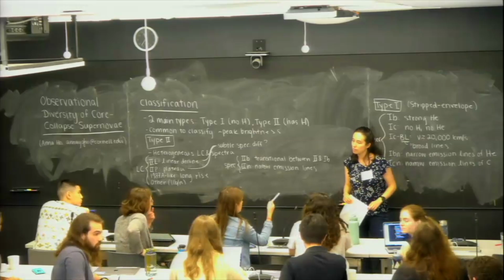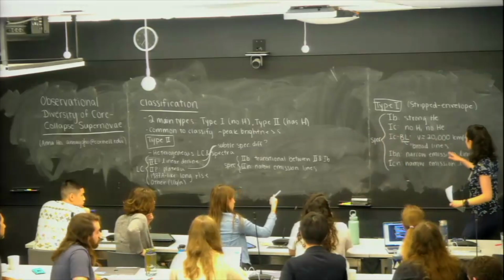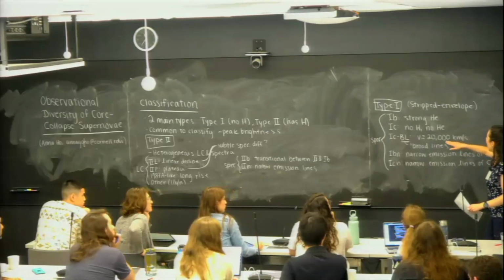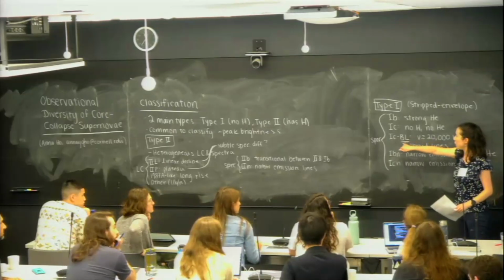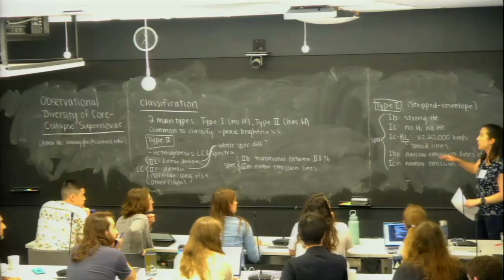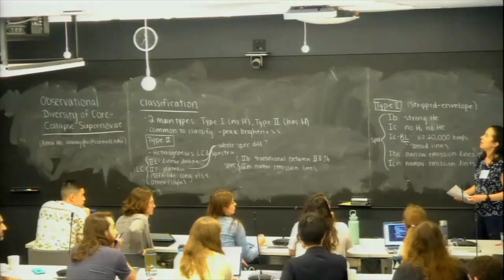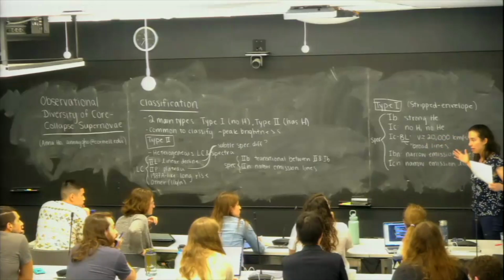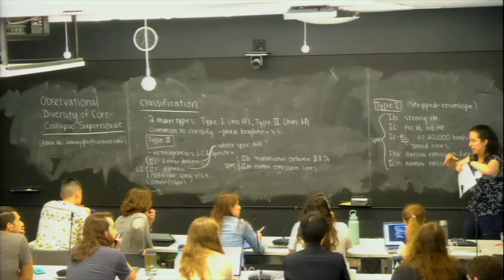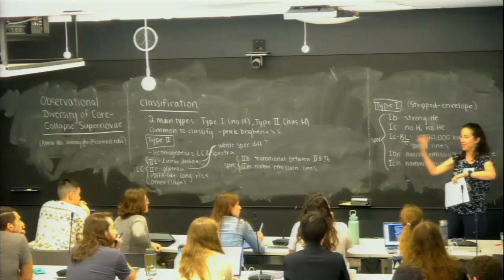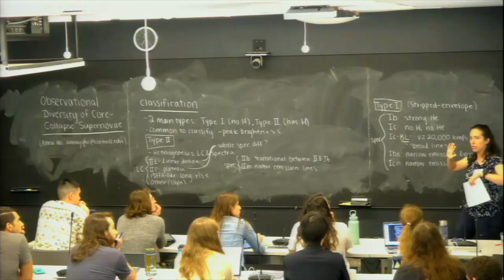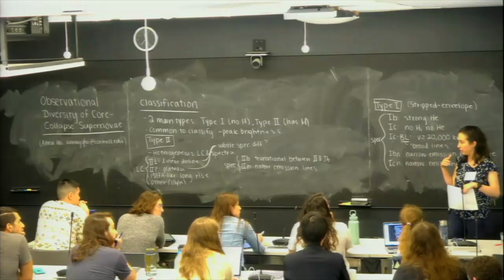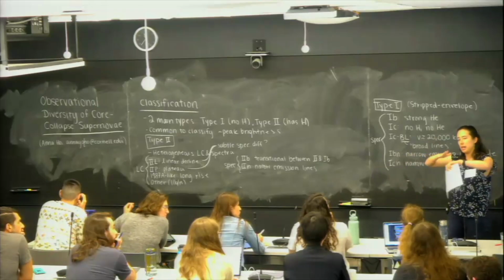Why do those broad lines happen? What is the connection between the velocity and the broad lines? So why does a high velocity give you broad lines? Okay, right. Picture this is basically a hot gas, and some of it's traveling towards you, some of it's traveling away from you, and so the stuff traveling towards you is blue shifted, and the stuff traveling away from you is red shifted.